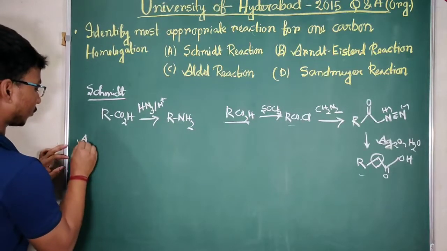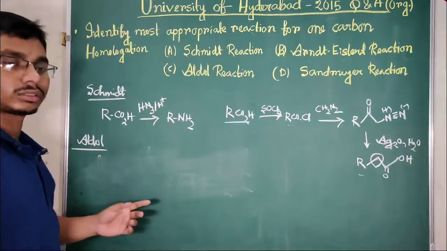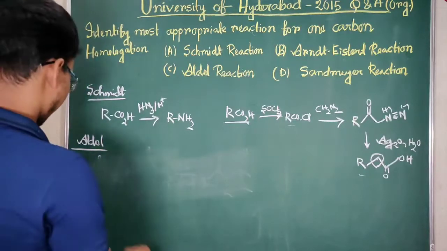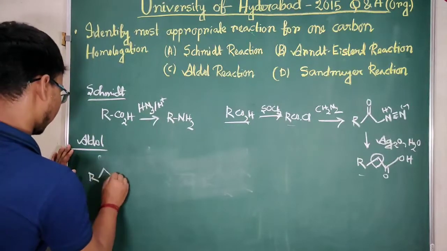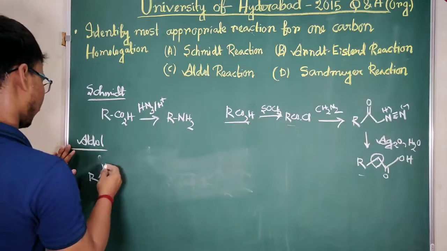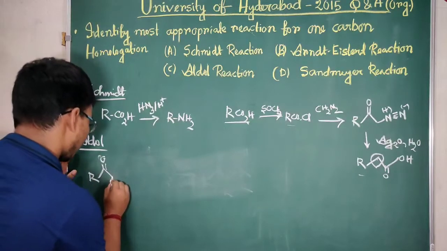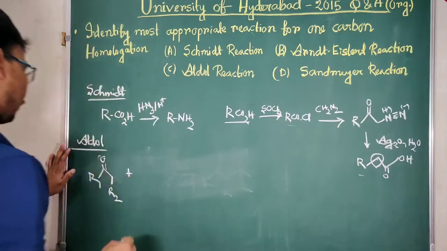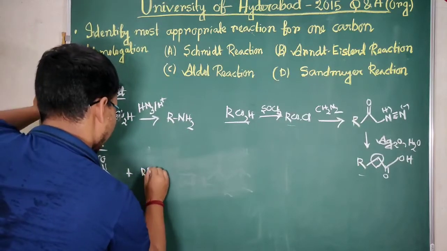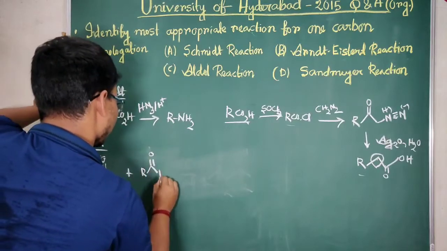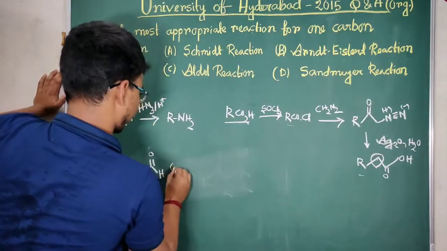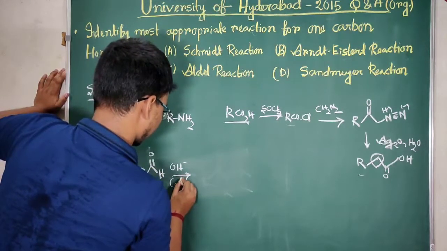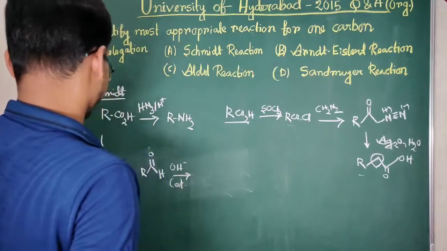For the aldol reaction, what happens? In the aldol reaction, a beta hydroxyketone is produced. Let's take R1 and R2 carbonyl compounds, plus an aldehyde, with a catalytic amount of OH minus.